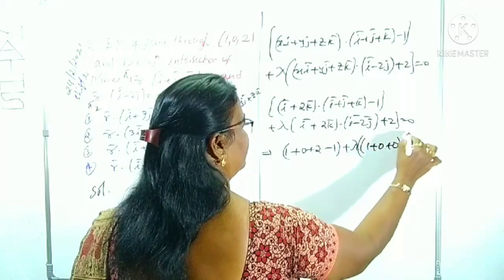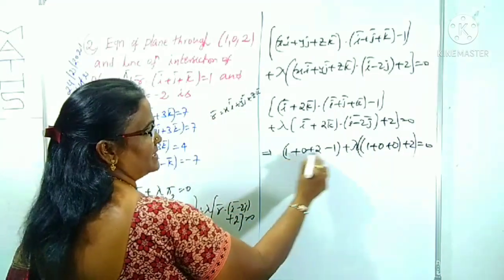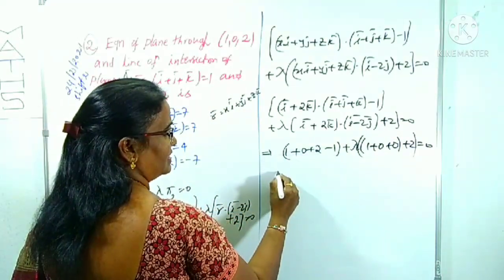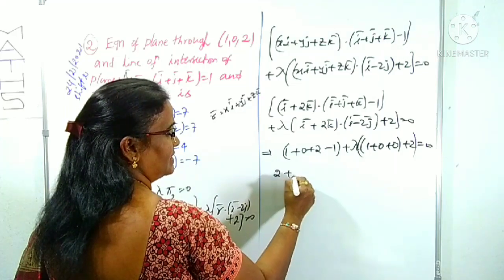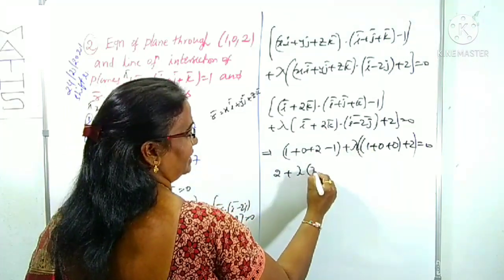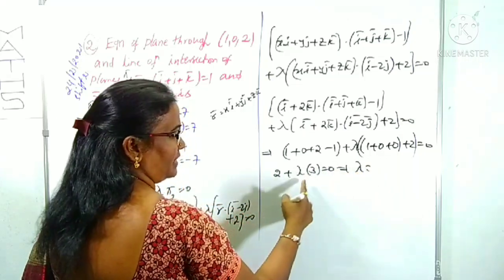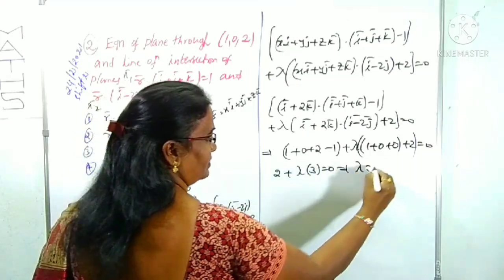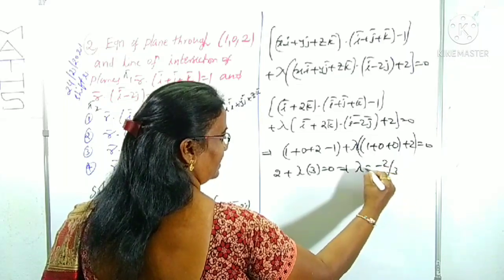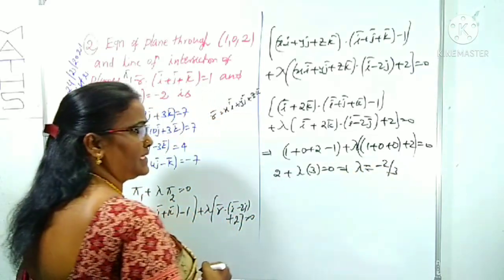The plus 1 and minus 1 cancel, so we get 2 plus lambda times (1 plus 2), that is 3, equal to 0. From this, what is the lambda value? Taking the 2 to the other side, lambda is minus 2 by 3.